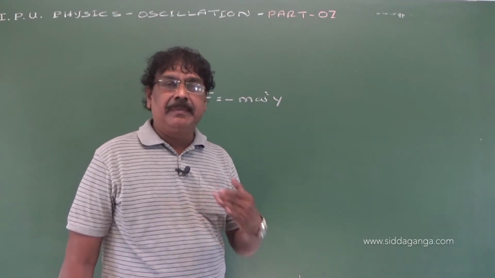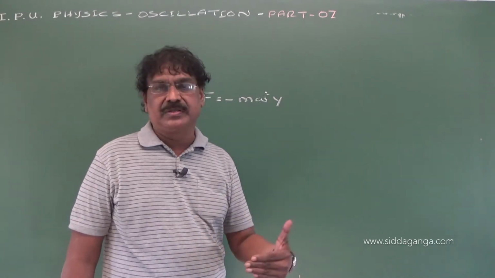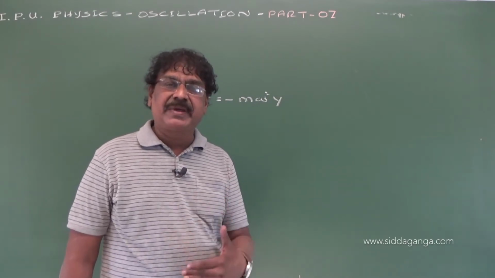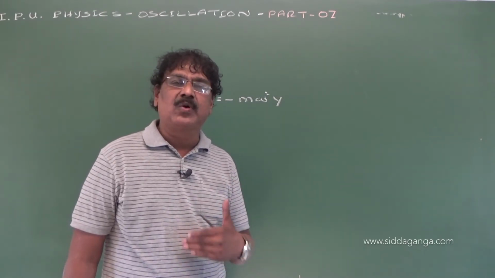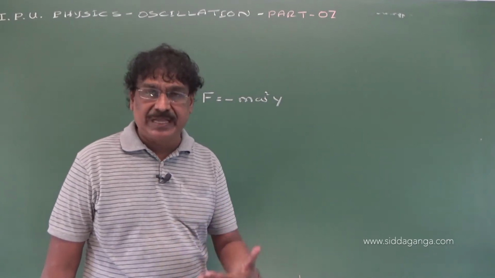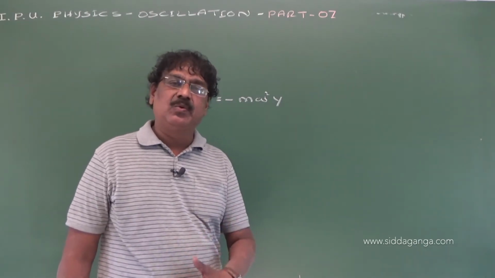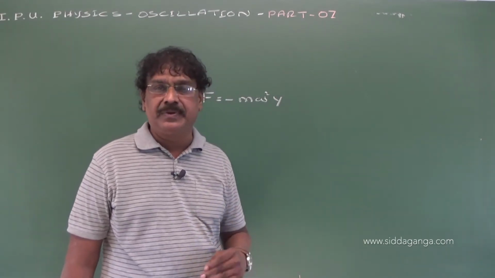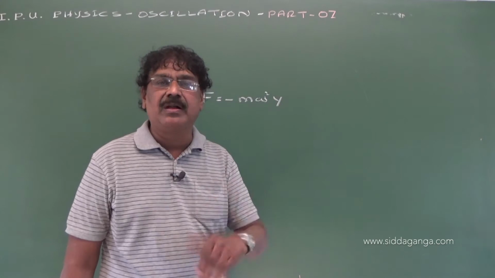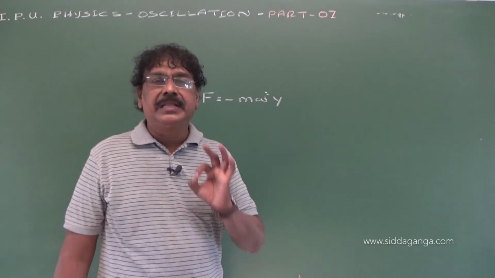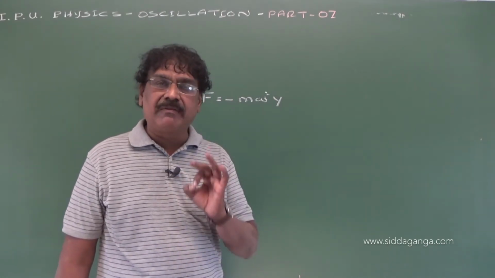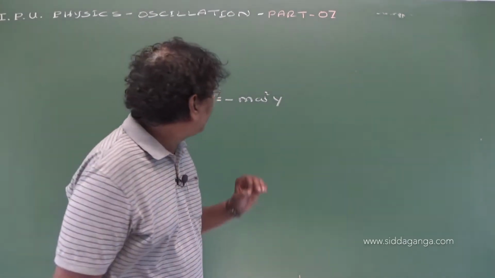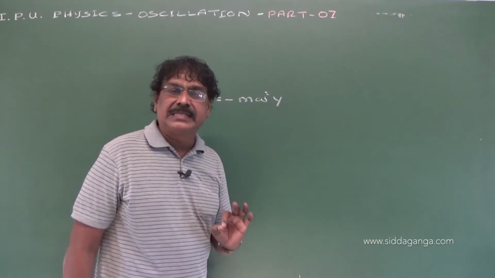But the direction of force is always towards the mean position irrespective of the direction of motion of the bob. I mean to say, whether the bob is moving away from the mean position or towards the mean position, in positive direction or negative direction, the restoring force always acts towards the mean position. That is the significance of this negative sign here.